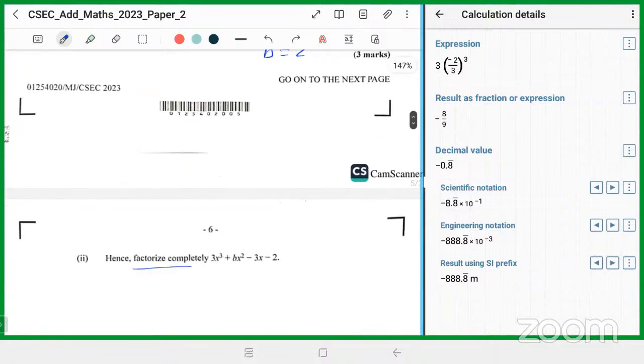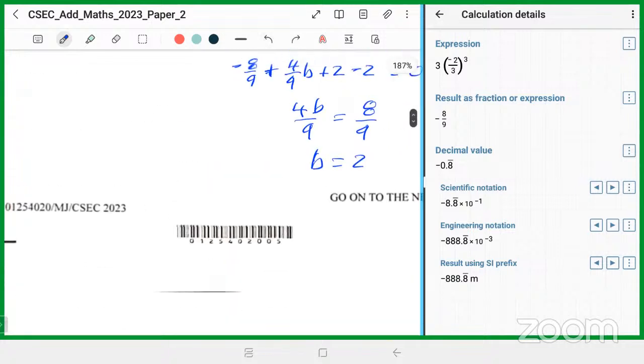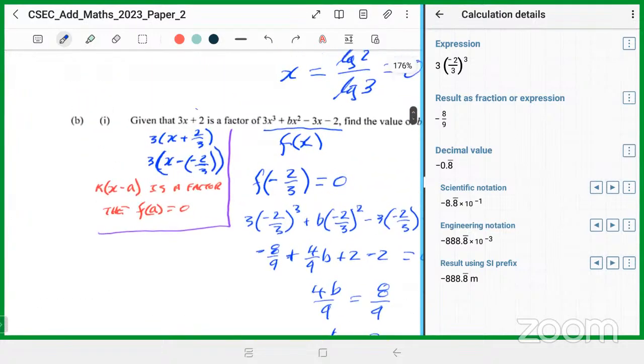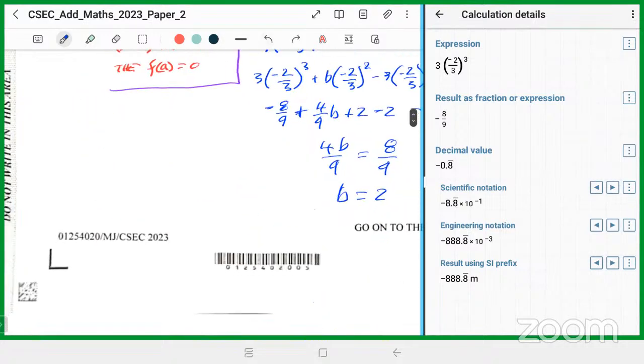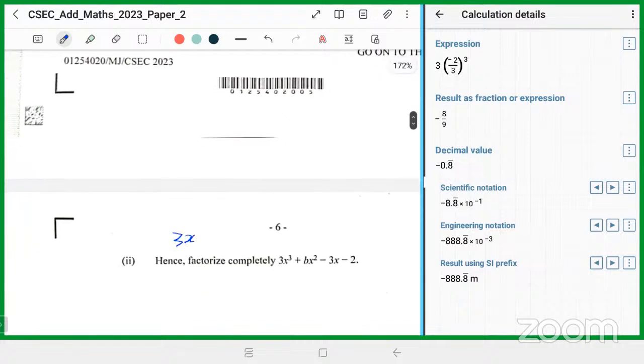Now that b is 2, what do they want us to do? They want us to hence factorize this completely. The factor was 3x plus 2, which means I can divide by that 3x plus 2.